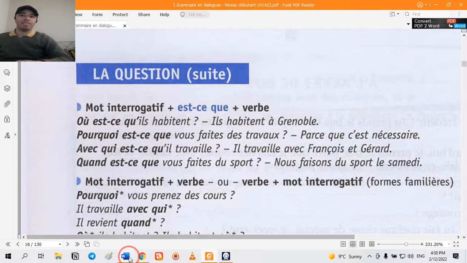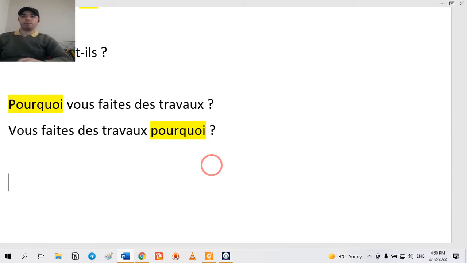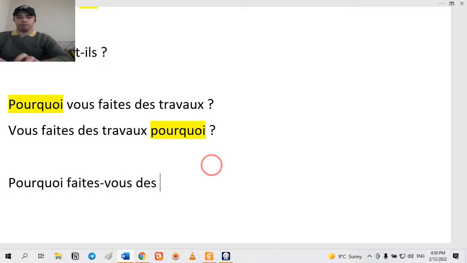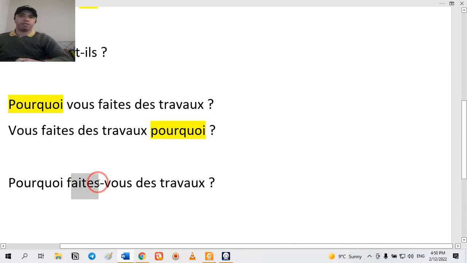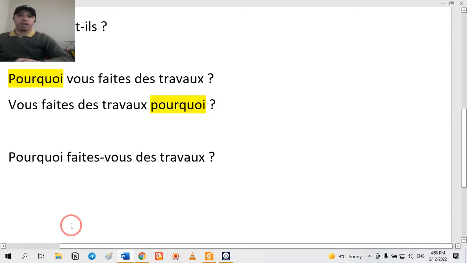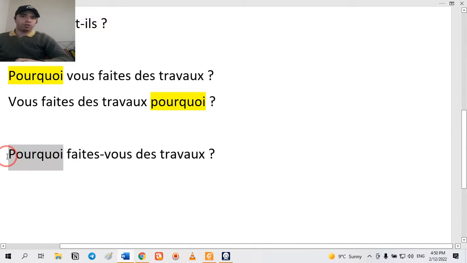And with inversion, you can say pourquoi faites-vous des travaux, changing the place of the verb and subject pronoun.